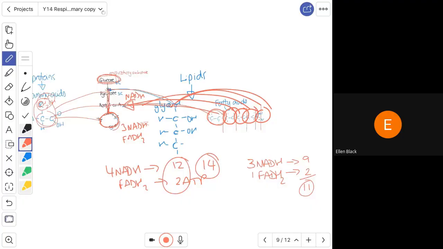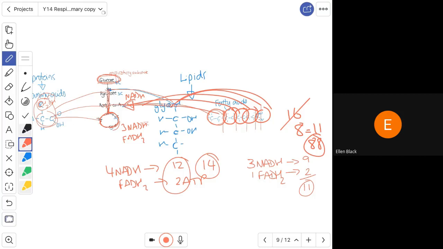So if you had 16 carbons there, break that into 8 pairs, and each pair gives you 11. That's 88 molecules of ATP. So that hopefully explains why fats can yield so much energy, much more than carbohydrates or proteins.